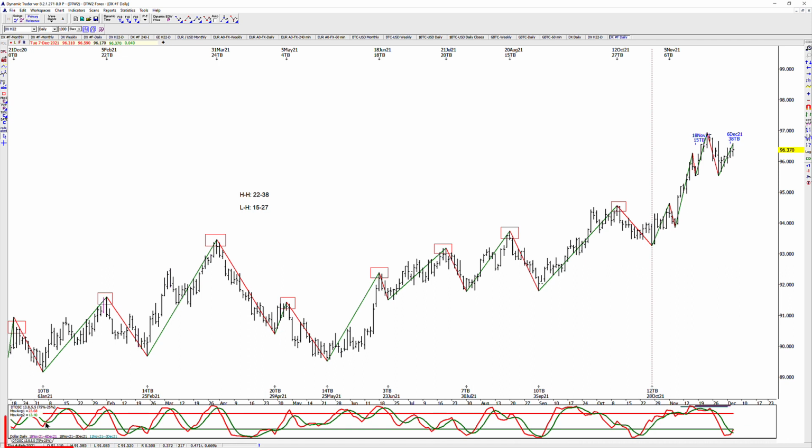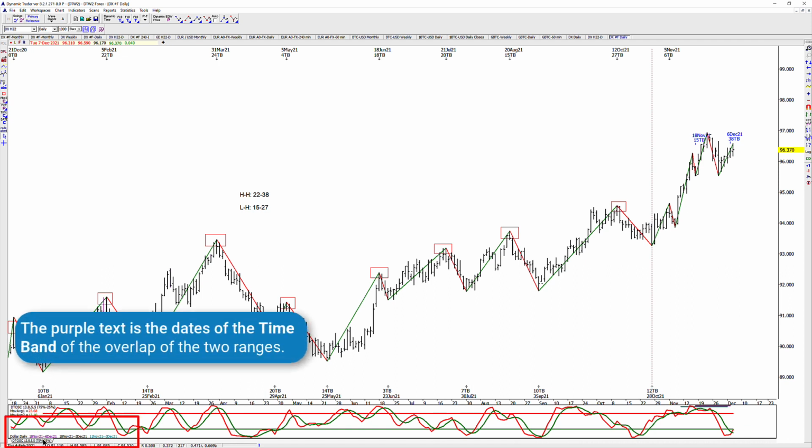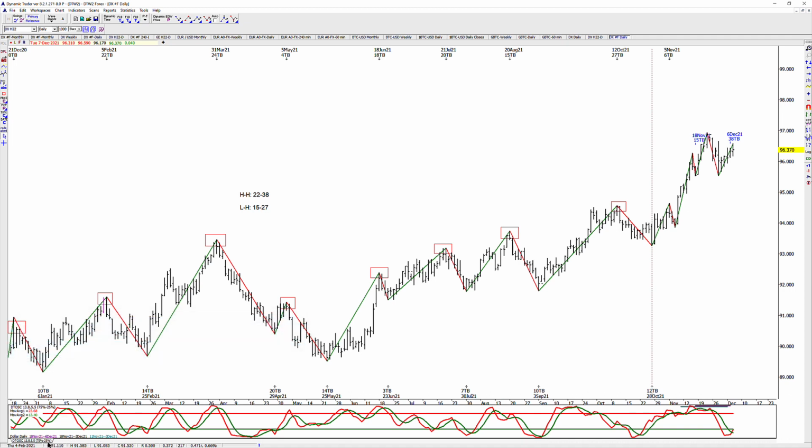And then in the lower left hand, it shows the overlap period, which is November 18th to December 6th. And then this is just the high to high and the low to high ranges. But the only one that's really important is this overlap period. So it's just another way to display the information, just doing it a little more quickly.